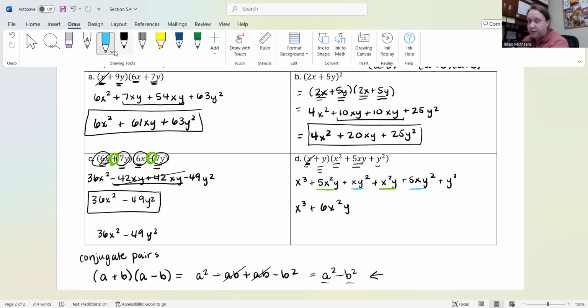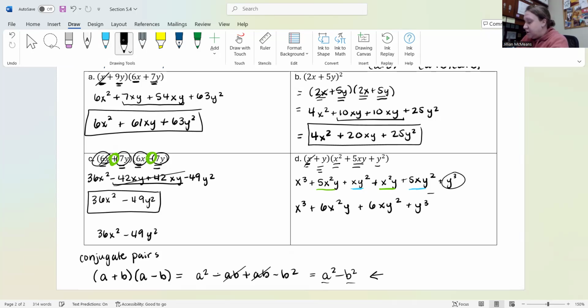So anything with x to the first, as long as the variable parts match identically, we can combine like terms. I have one of them, then I have 5 of them. That makes 6 of those. So I get plus 6xy squared. And then finally, that leaves us with just one term, which would be this y to the third. So I'm going to end with that.